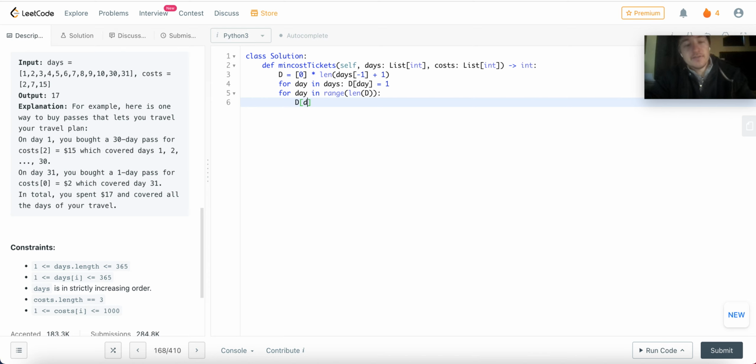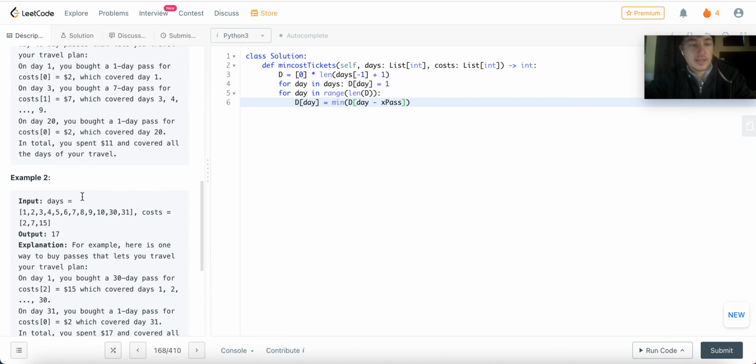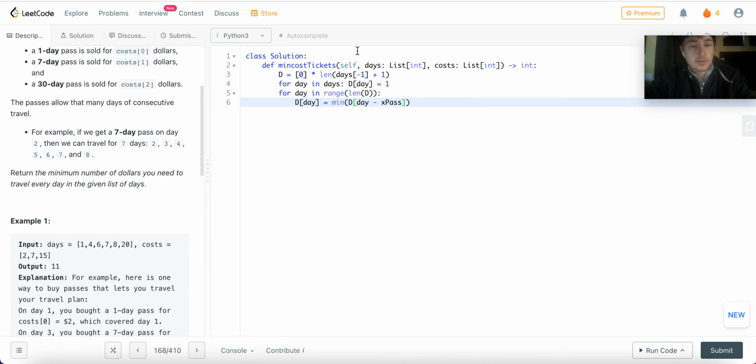So we could say D of day equals the min of D of this day minus the pass. So we'll call it X pass for the length of the pass. So it's an X day pass. So if we get an X day pass, we consider the price from that X previous days plus the cost of X.